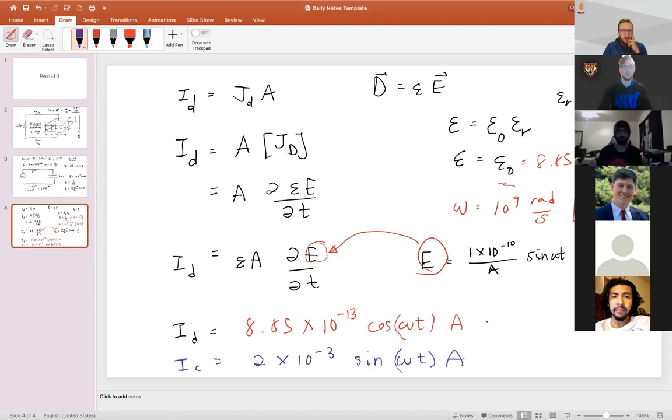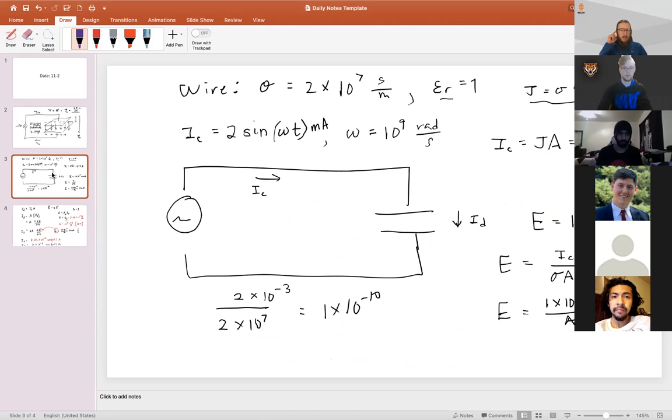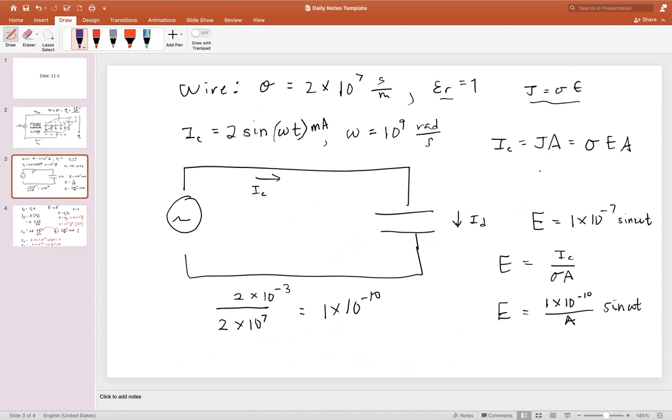What are some things that could make the conduction or the displacement current larger? How could the displacement current become a larger number? The plates are closer together. Yeah, let's see. Is there anything related to the plate distance? I don't think there's anything related to the plate distance.